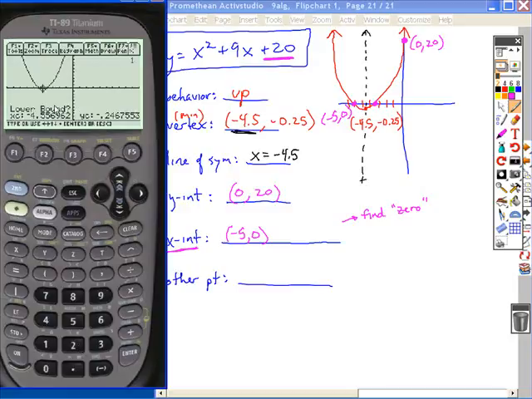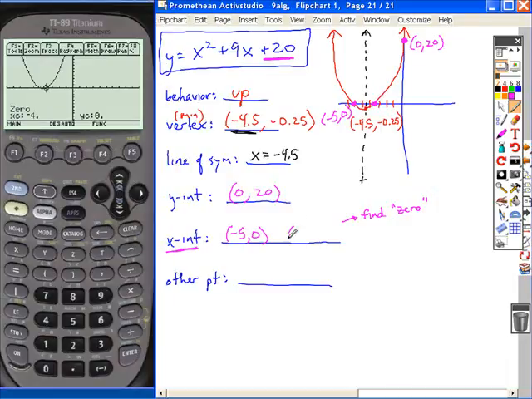This time our lower bound, we want now everything looking to the right of -4.5. So this time our lower bound is the vertex x-coordinate, -4.5. And our upper bound is anything to the right of that. So again, you can pick 10 as the easy upper bound. And now it gives you -4, 0, right here, as your other solution.